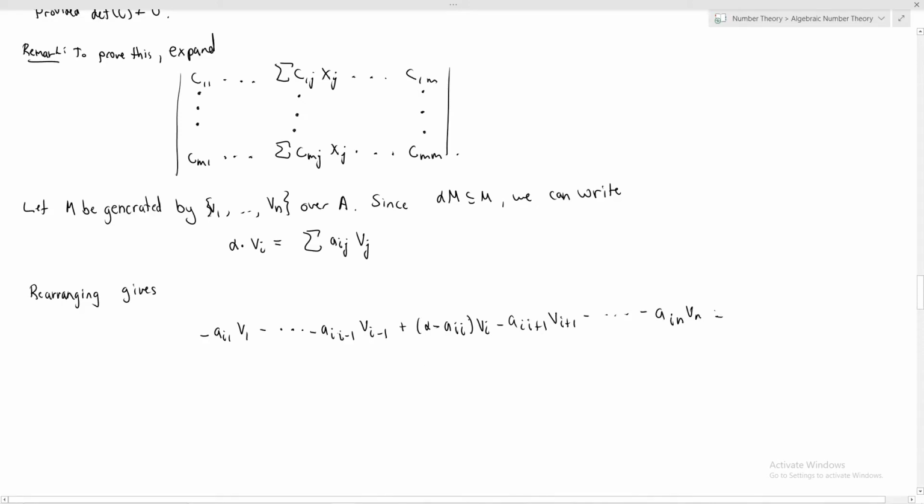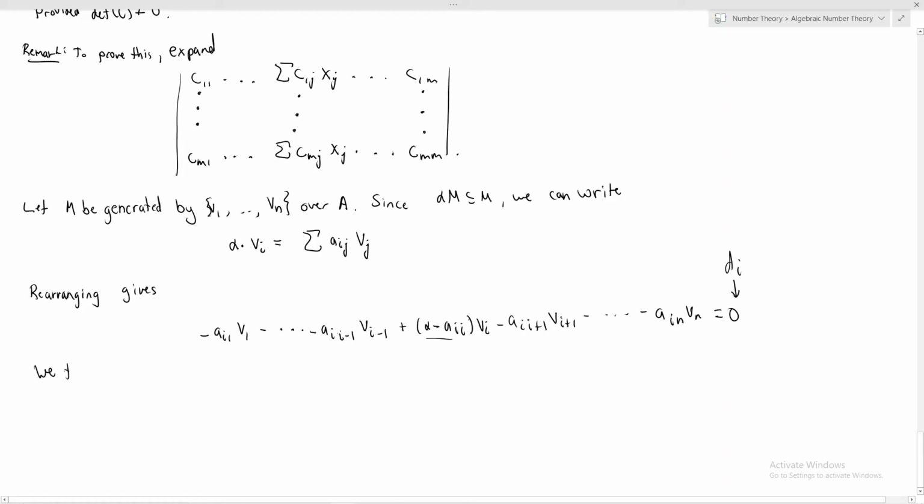And this whole thing is going to be equal to 0. So these are going to be my d sub i's, and these are going to be my c sub ij's. So they'll almost always be negative a_ij, except c_ii will be alpha minus a_ii.